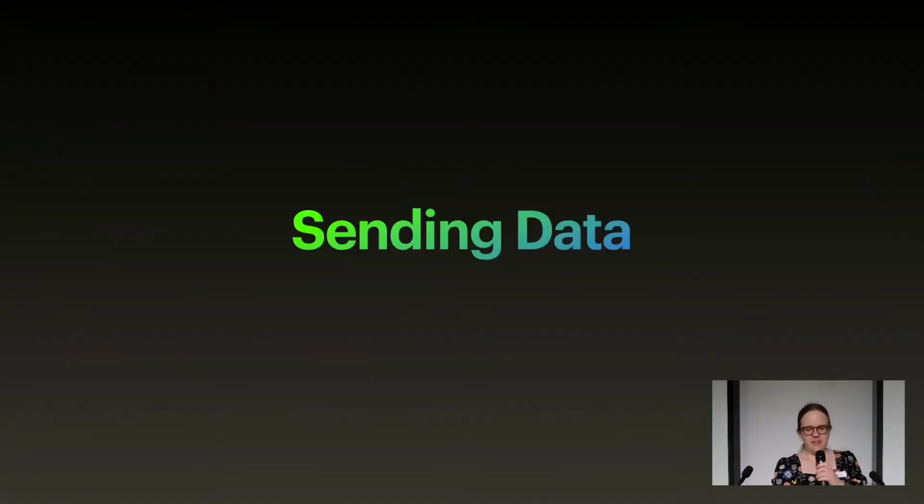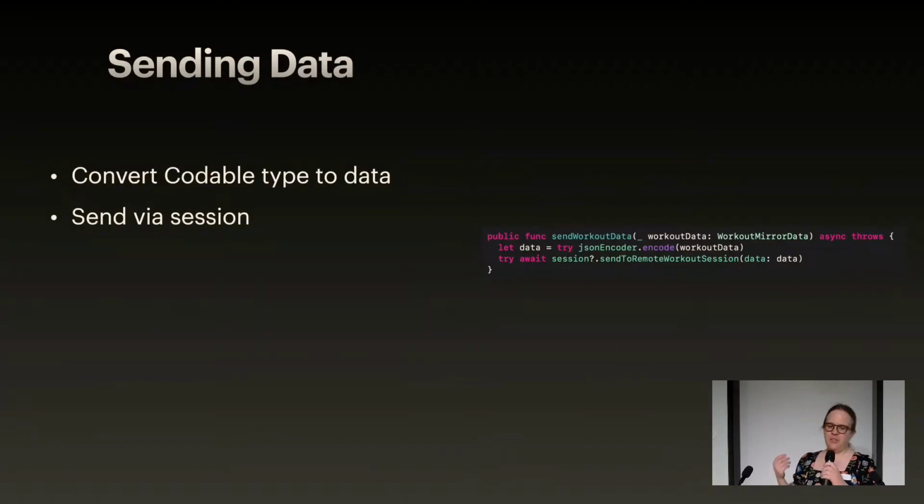Cool. Sending data. With the data transmitted via the HK workout session, it's all encoded data. So you are sending bits of data from one device to another, which means you take your type. Hopefully you're using value types because value types are awesome.